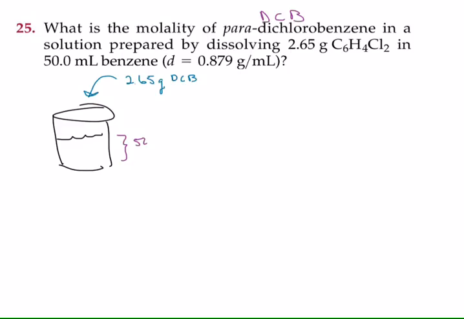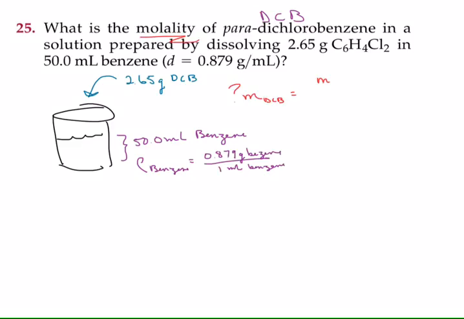This one, you're after molality, which is moles of para-dichlorobenzene per kilogram. The DCB stands for dichlorobenzene. That's the mass, and you're going to dissolve it not in water, because it wouldn't dissolve, but in benzene.